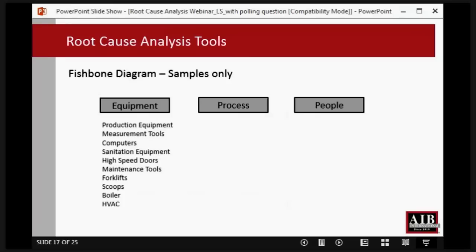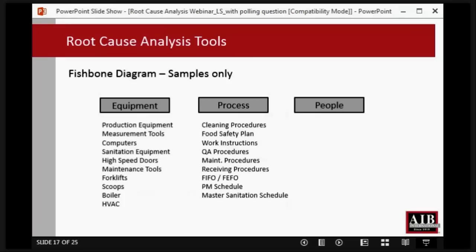So let's look at processes that we may have to look at. We have a lot of cleaning procedures. We have process procedures. All of us are operating under a food safety plan. We have work instructions to tell us the best way to do things. QA procedures, maintenance procedures.